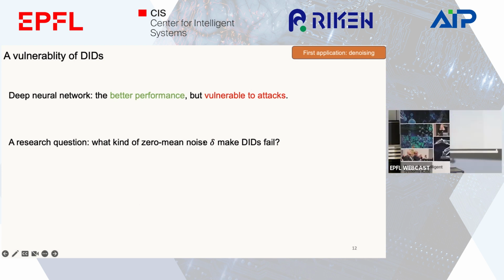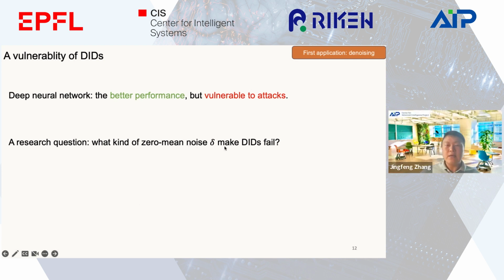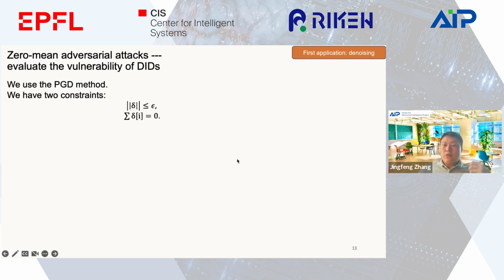To explore this, we ask a research question: what kind of zero mean noise makes the deep image denoiser fail? To answer this question, we design zero mean adversarial attacks to evaluate the vulnerability of the deep image denoiser.